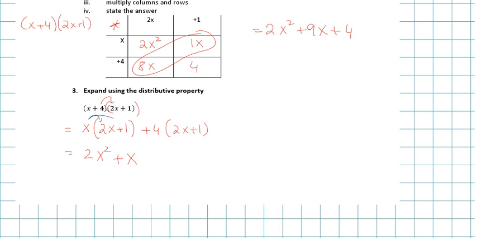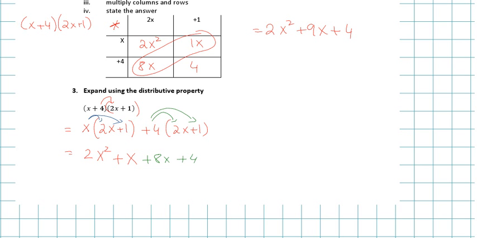Now I'm going to move to the second bracket, and I'm going to multiply 4 by 2x, 8x, and then 4 times 1, which is 4. Something that a lot of people mistake, or the mistake that a lot of people do, is when they are multiplying, they forget that they're multiplying and they actually add. That's not correct. You make sure that you're multiplying.